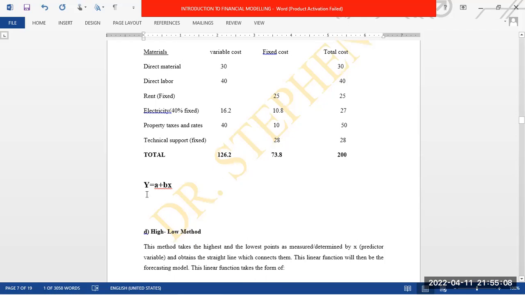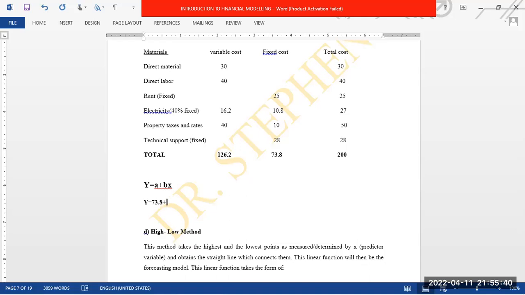So you're supposed to get y is equal to a, which is 73.8, plus b.